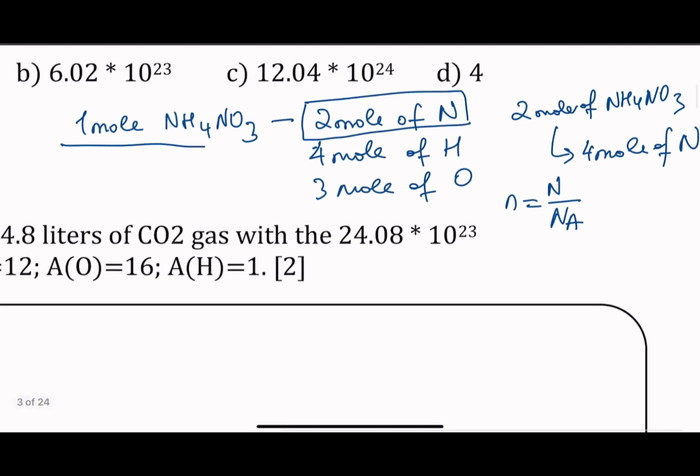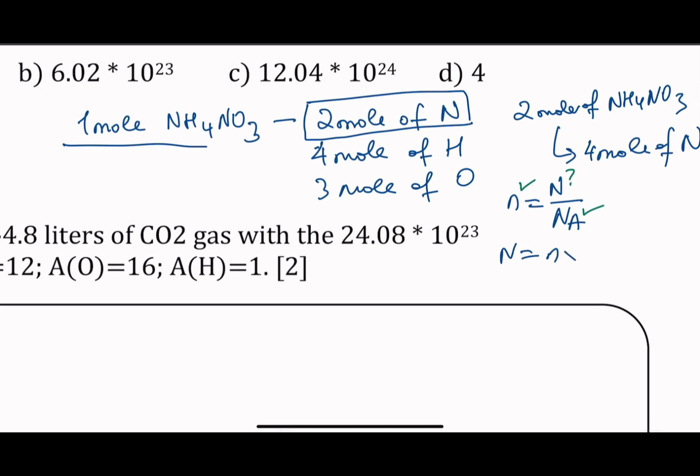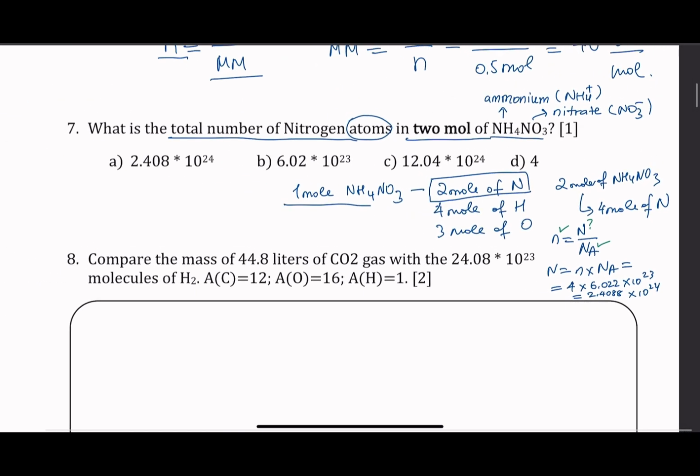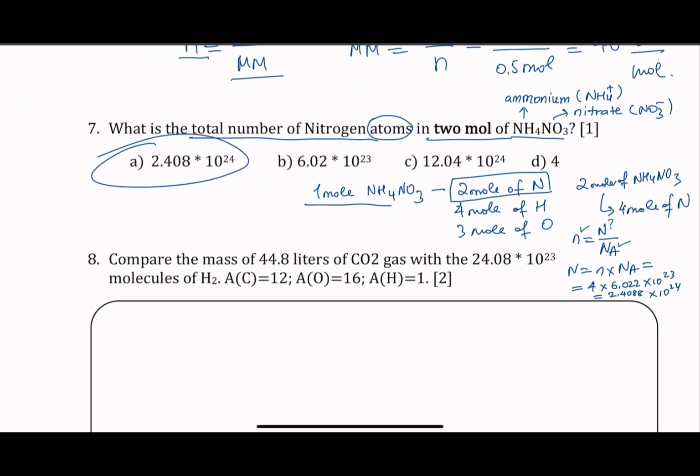Now you're given the number of moles, you know the Avogadro number, you just don't know the number of atoms in this case. So this would be N equals n multiplied by Na. And then from here you have 4 times 6.022 times 10 to the power of 23, and this would be 2.4088 times 10 to the power of 24, and the number is right here.